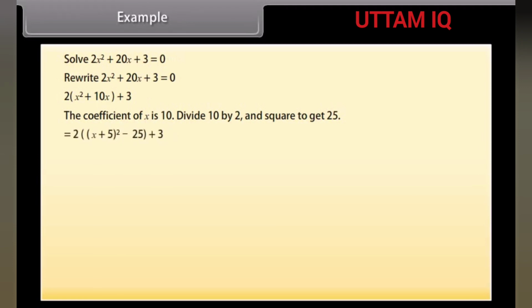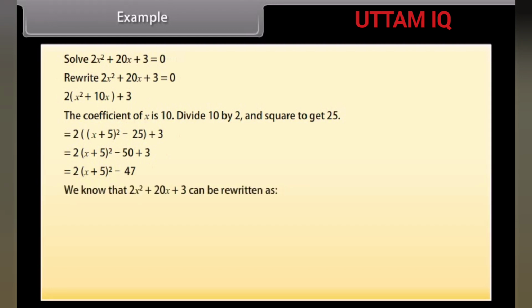So 2[(x + 5)² − 25] + 3 = 2(x + 5)² − 50 + 3 = 2(x + 5)² − 47.